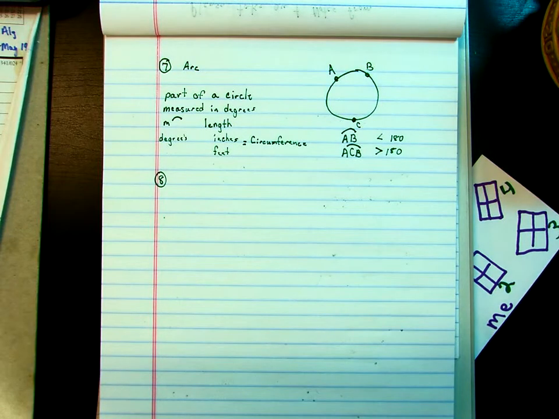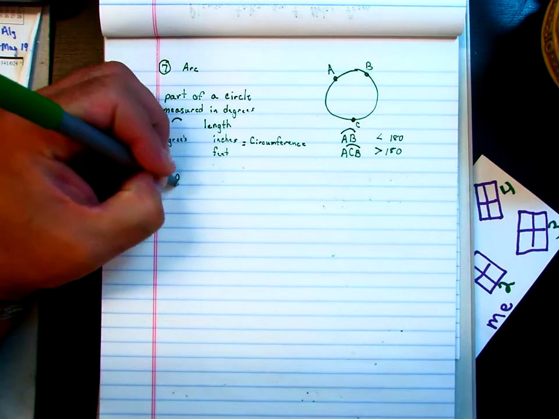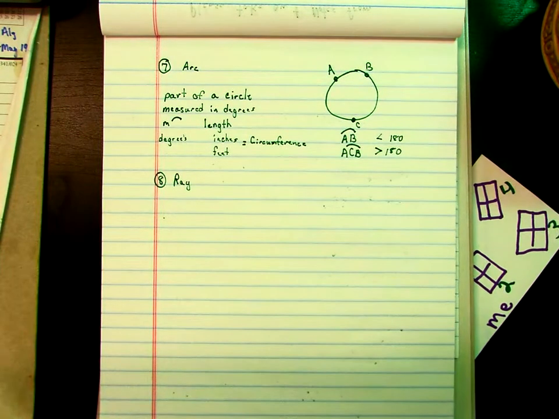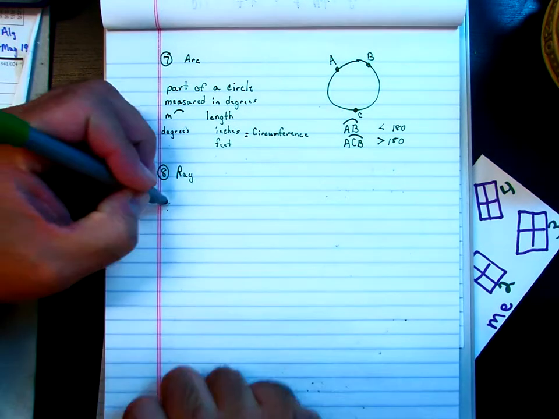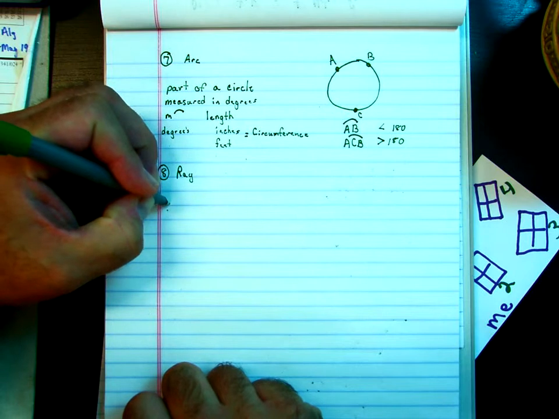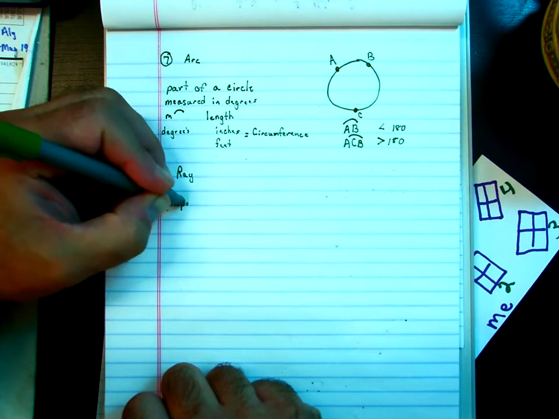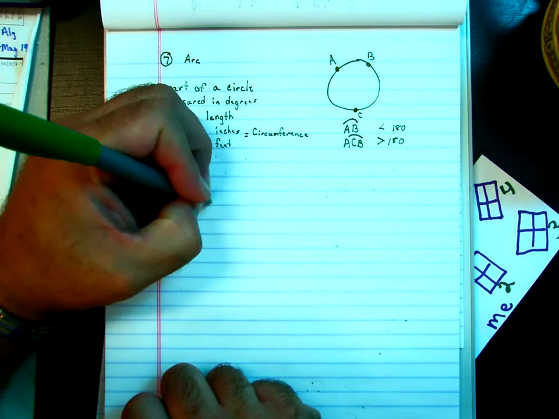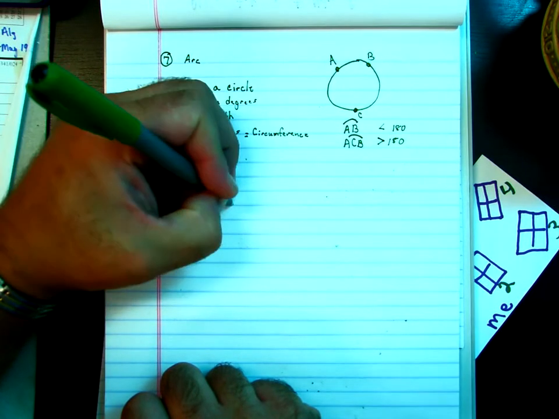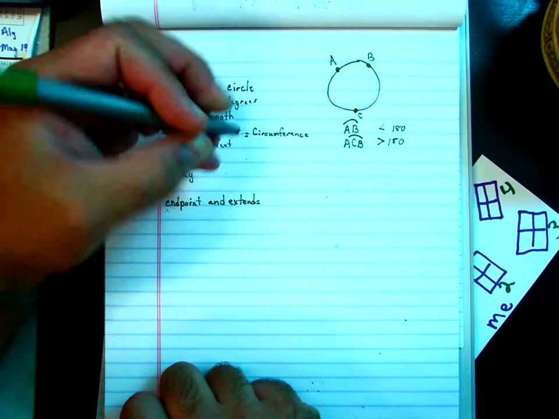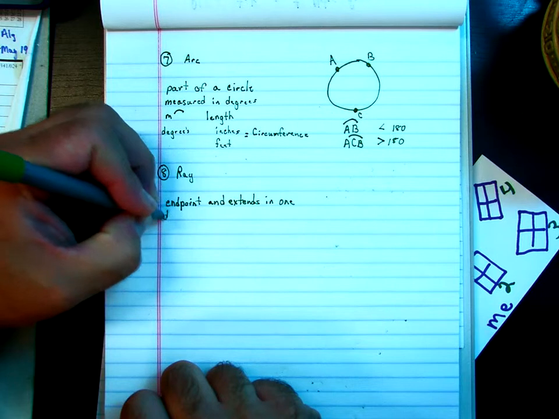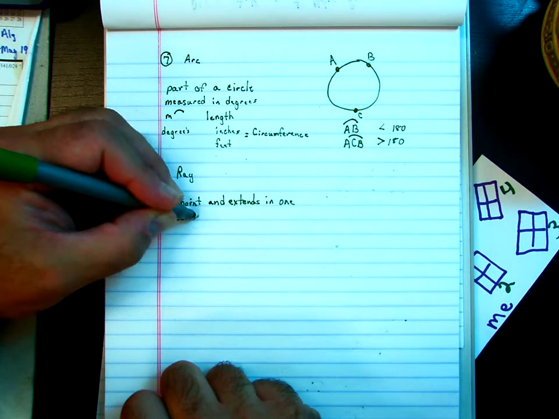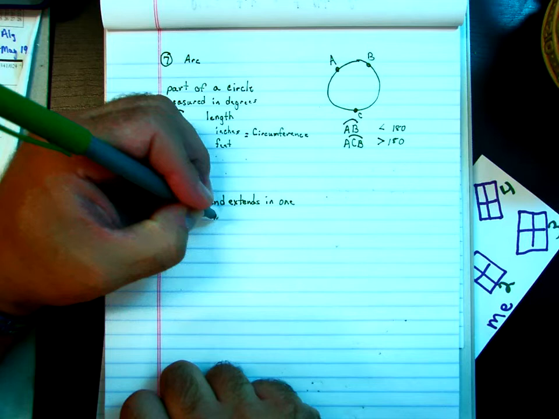Number 8 is a ray. A ray has an endpoint and extends in one direction, infinitely.